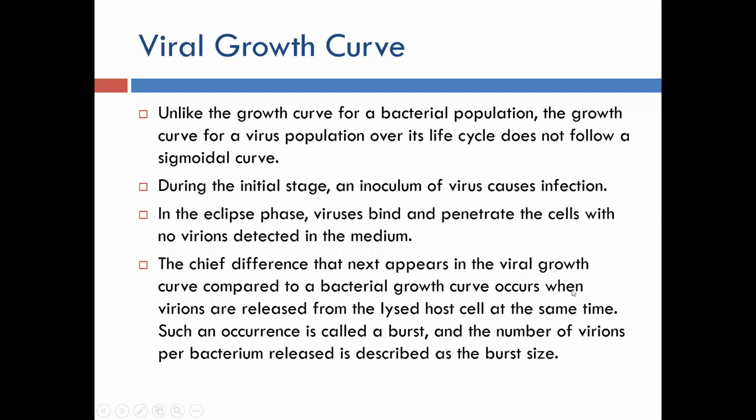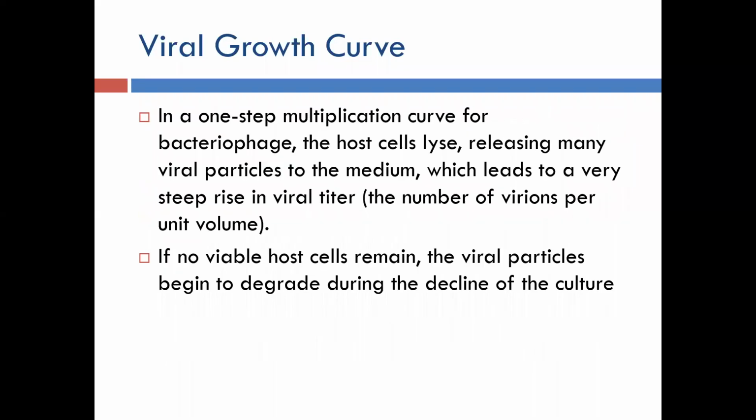Right. So when there's lysis of the host cell and release of the viral particles, there's a burst. The numbers increase significantly in that period of time, and it's called a burst size. In this type of curve, when the host cell becomes lysed, it releases as many viral particles into the medium as are present, and it causes a steep rise in the number of viral particles.